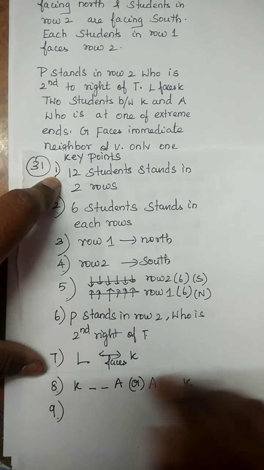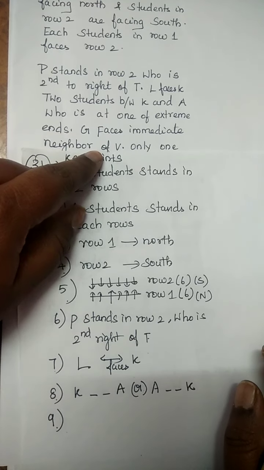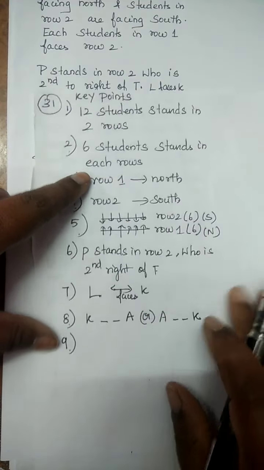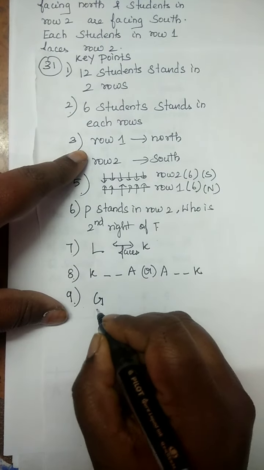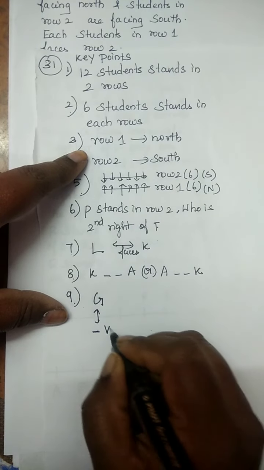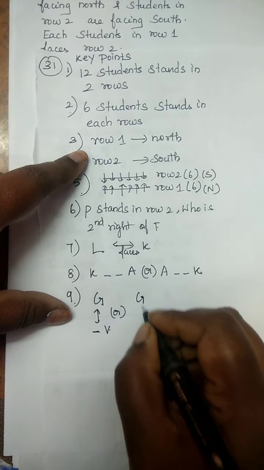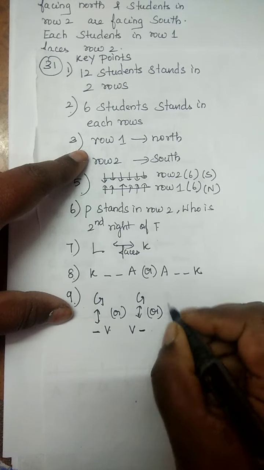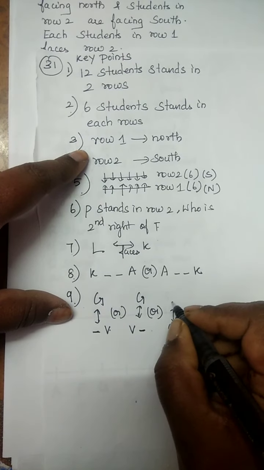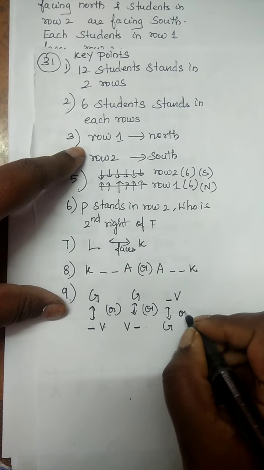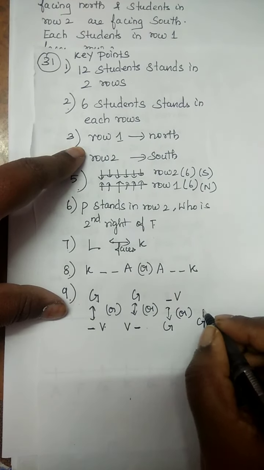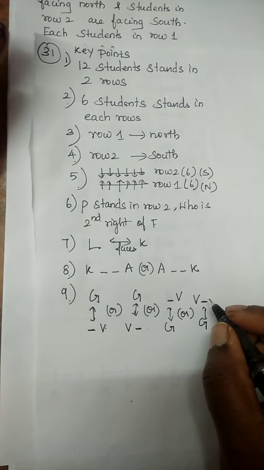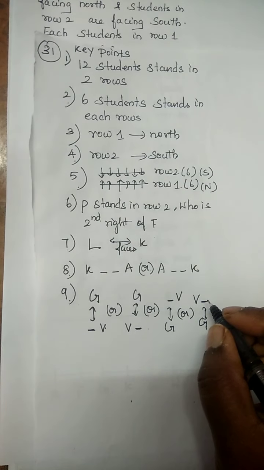And the ninth key point is G faces immediate neighbor of V. We don't know whether G and V are in row 1 or row 2.